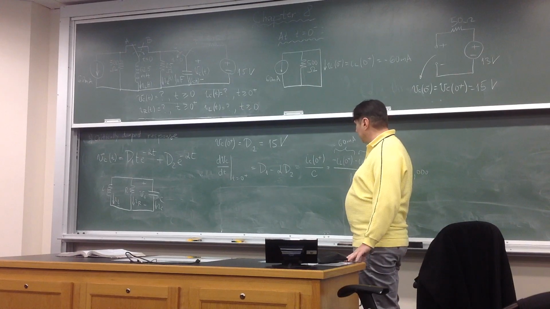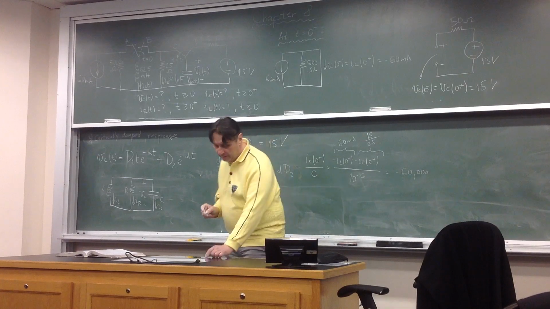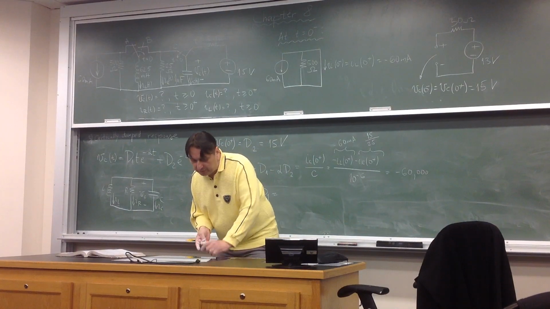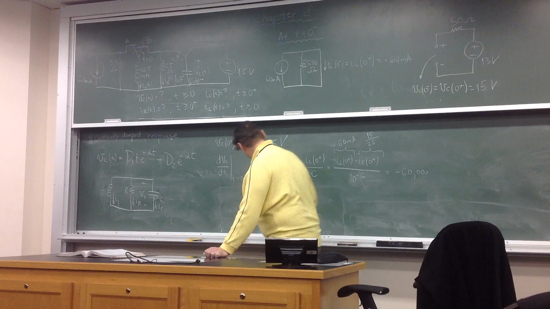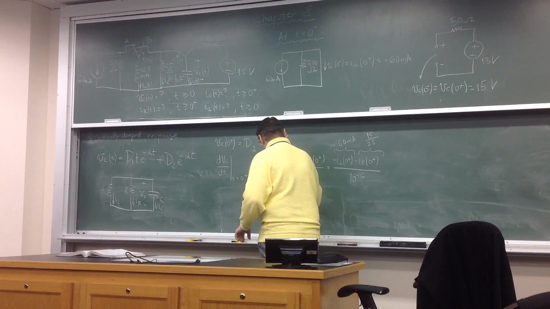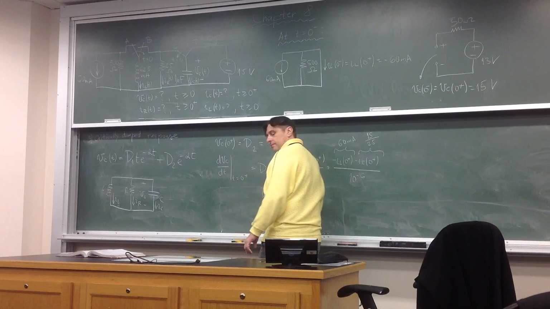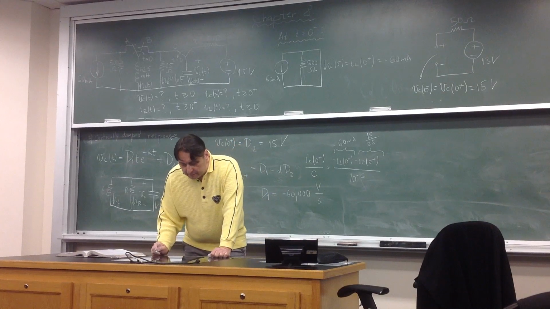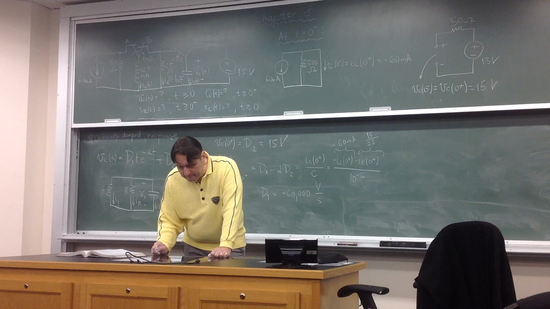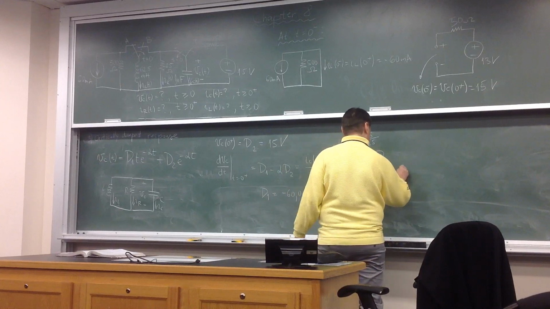Right. So, D1, when you calculate, is equal, no, I'm sorry, D1 is whatever that is. So when you calculate that, you get minus 60,000, that's volts per second. No, actually, hold on. Take it back. This is minus 60,000.